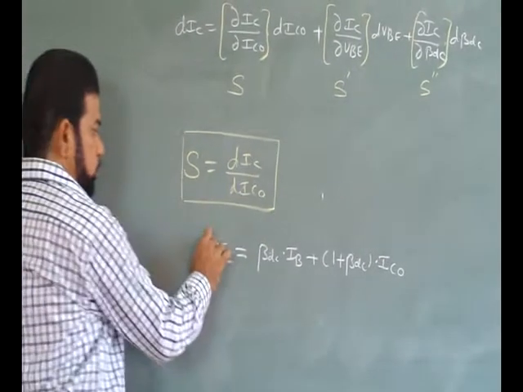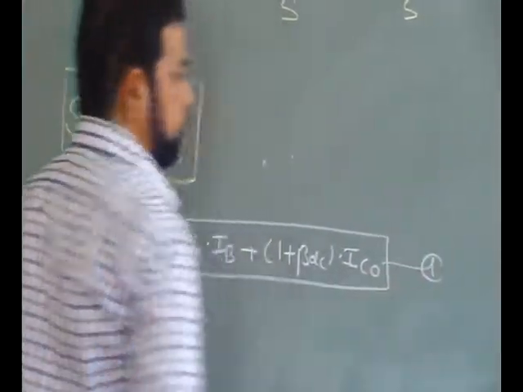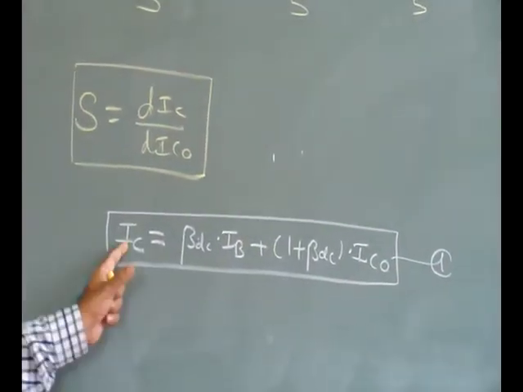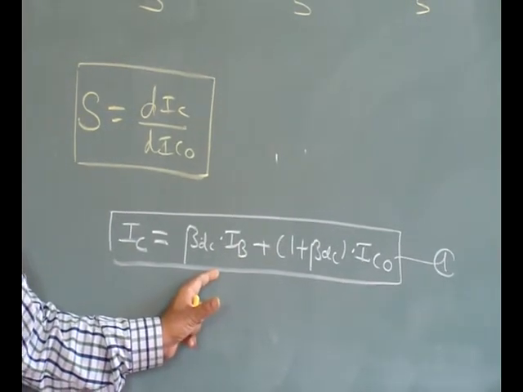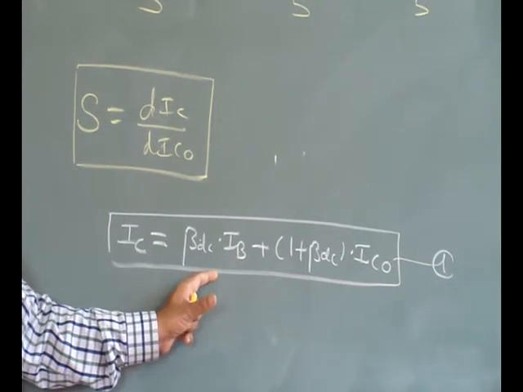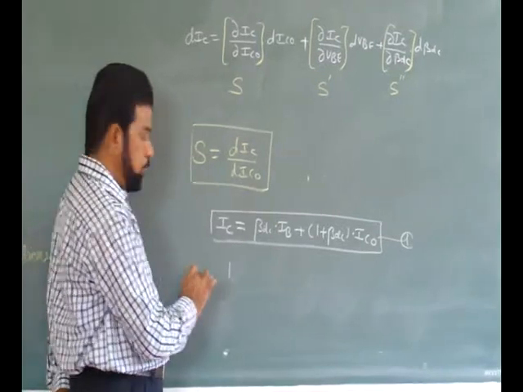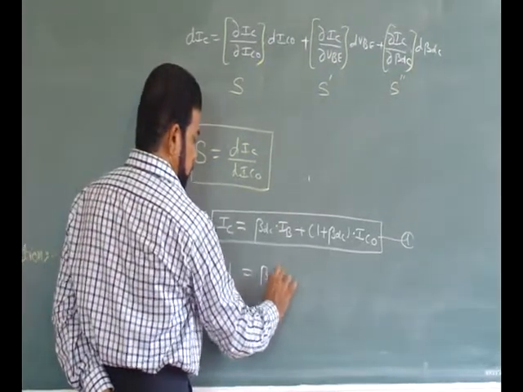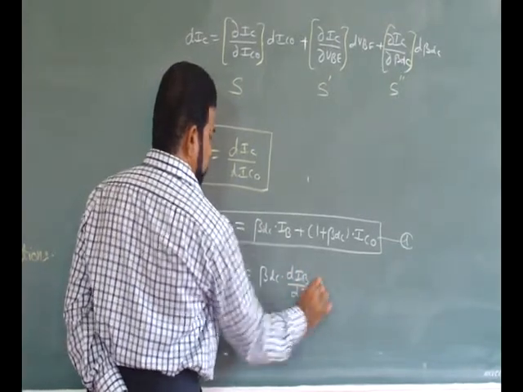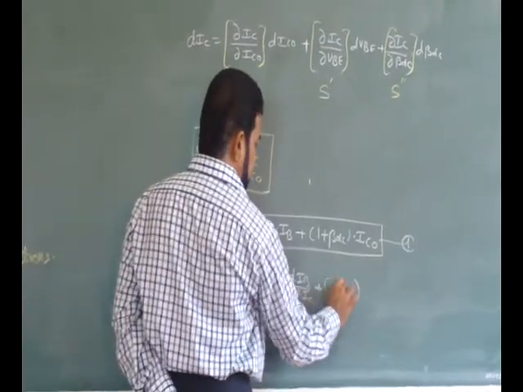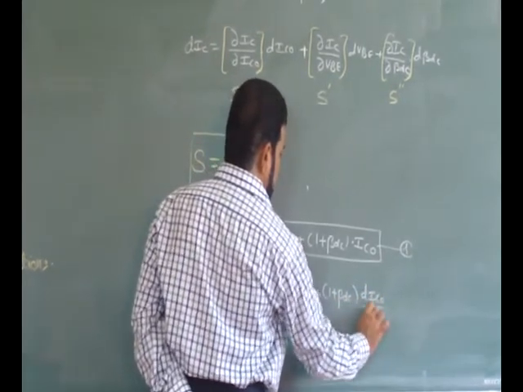So this equation is from the basic theory of the transistor. Collector current relates with leakage current and the base current. So if I differentiate with respect to IC, what am I getting? 1 here. On the right side I am getting beta DC dIB by dIC, plus this is constant, again 1 plus beta DC, and here I am getting dICO by dIC.